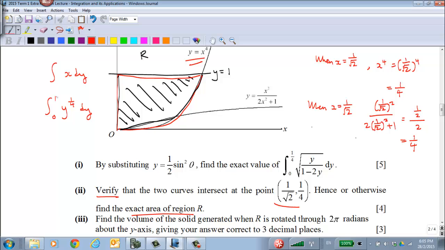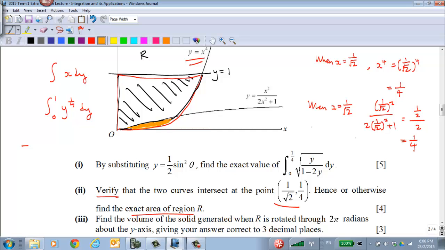This will give me the red color area. Then after this, I will take away the boundary between this, I will shade it out for you, which is this particular orange color area here.